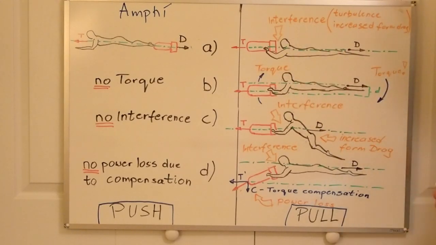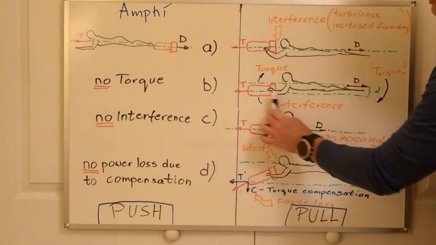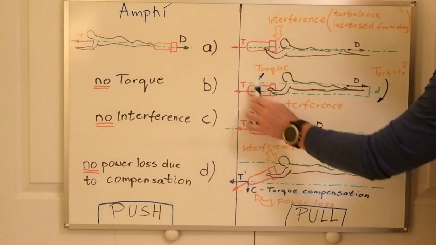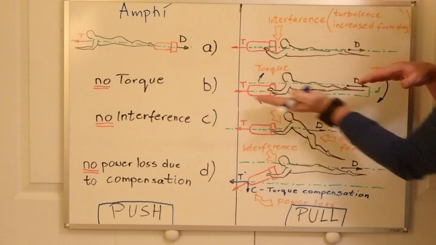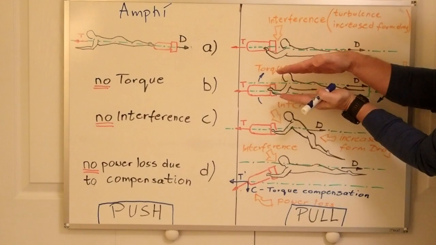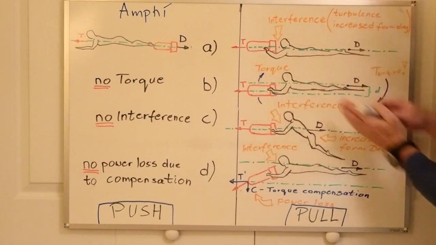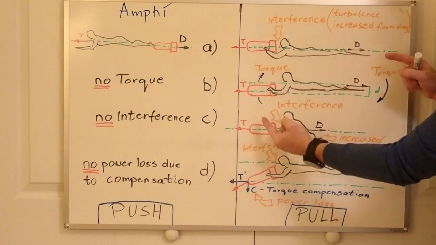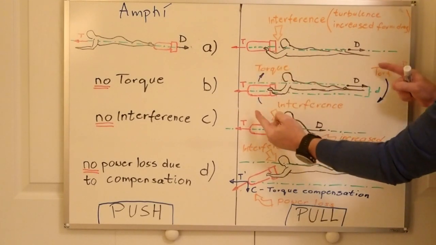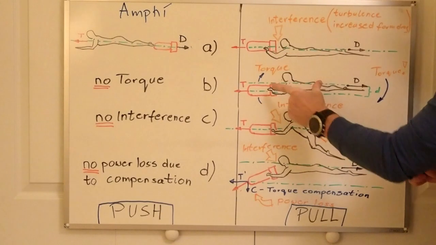So what happens then? So the line of thrust is right now a little bit below the line of drag. So you have one force pulling this way, another force pulling this way. So what happens is you will have a torque, you will have a tendency for the swimmer to be rotated in this configuration.